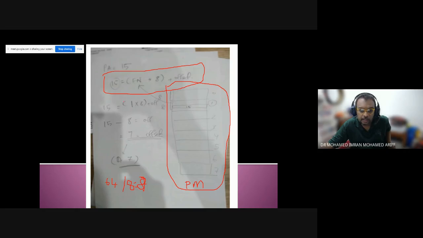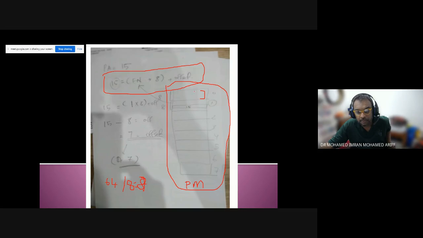Alright. And then kalau you masih tengok soalan number 1, physical address ialah location dalam satu frame number. Okay. So saya carilah secara manual kat mana nombor 15 ni. So nombor 15 berada dalam frame number 1. So why do I say it is inside the frame number 1? Sebab kalau you masih ingat, formula kata frame size ialah 8. Kan dalam ni 8.